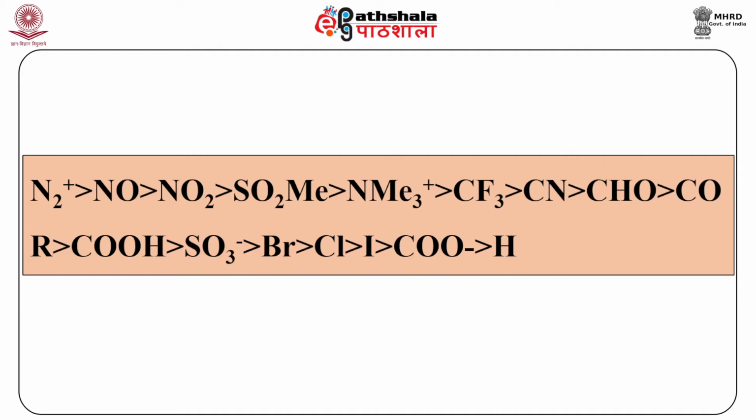For example, you can see here the order: the nitroso cation, the NO and the NO2 nitro, the SO2Me, the NMe3, that means the trimethyl nitrogen, then the CF3, CN, CHO that is aldehyde, ketones, then the carboxylic acid, then the sulfate SO3, the bromine, chlorine, iodine and the CO minus and the H. This is the order. As can be seen, the nitrogen containing substituents act as good activators, enhancing the rate of reactions manifold.